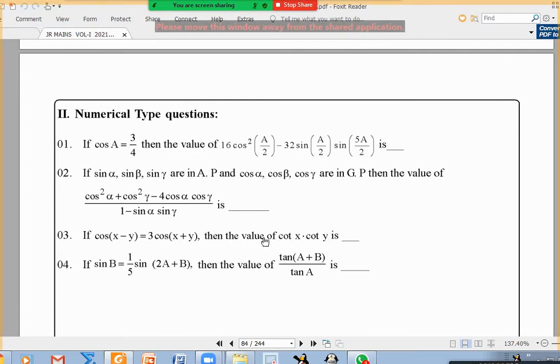Okay, numerical first question. We have done almost a similar question. Only one part of the question is extra. That's all. They want 16 cos square A by 2 minus 32 sin A by 2 sin 5A by 2.